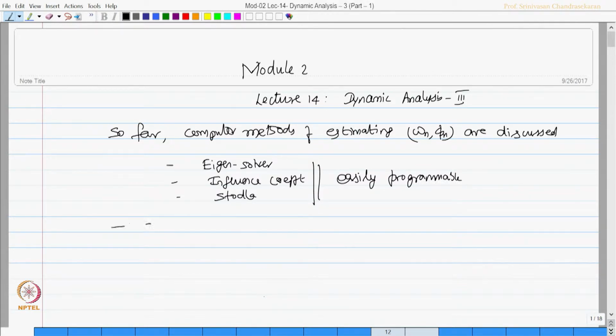The solution is iterative and needs an algorithm to solve.